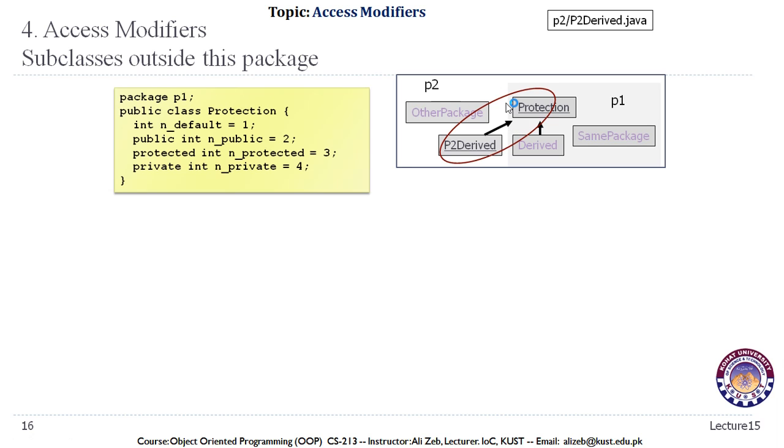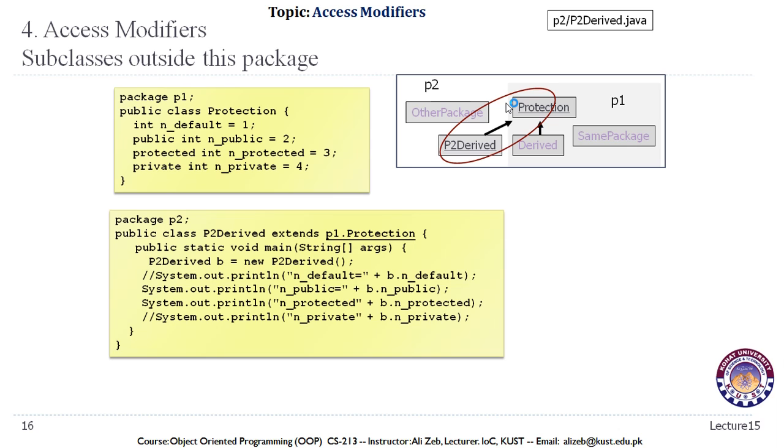So we have this class with the same credentials, and now we have the package p2 that has the class p2 derived that extends the p1.protection class. And of course we can declare an object of this class.